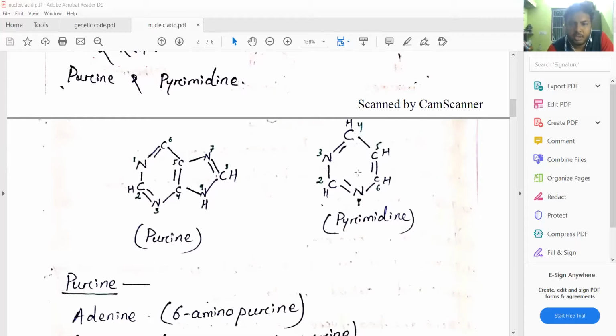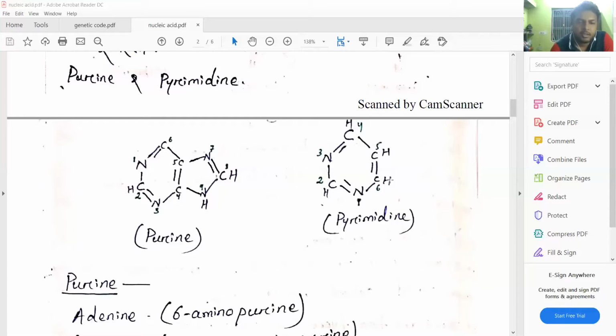For pyrimidine, numbering from the nitrogen, 1, 2, 3, 4, 5, 6. After drawing the pyrimidine or benzene ring, you can give the alternate double bonds. So this is the purine, this is the pyrimidine.